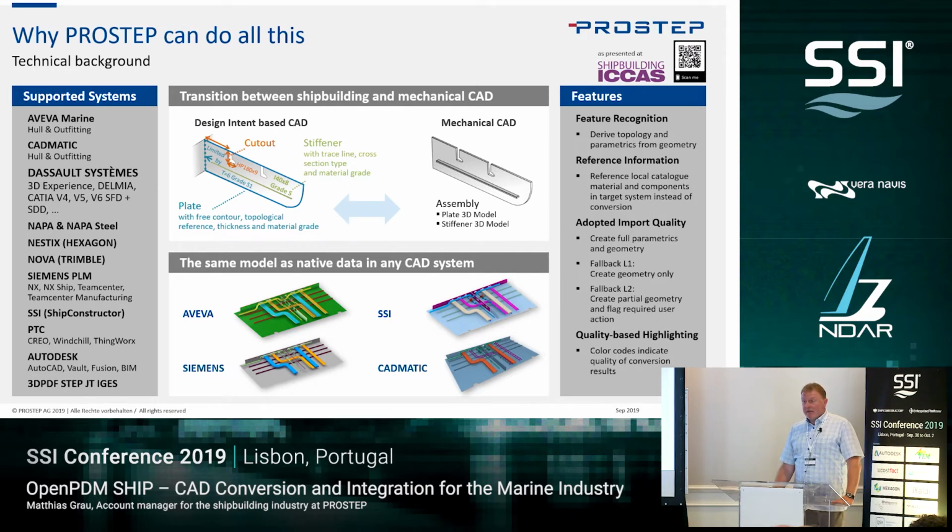So the design intent is a bit more than just 3D geometry, but it describes that certain elements like plates are connected to each other and are topologically bound to each other. Same could be true for piping parts. So the end of a pipe is basically topologically connected to a flange, and the flange again is topologically connected to a valve, and so on and so on.